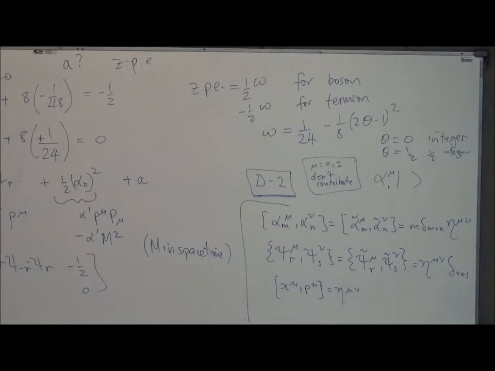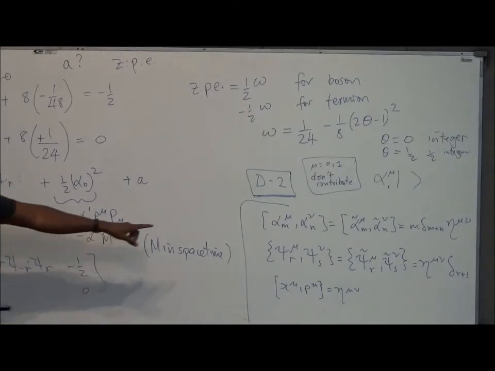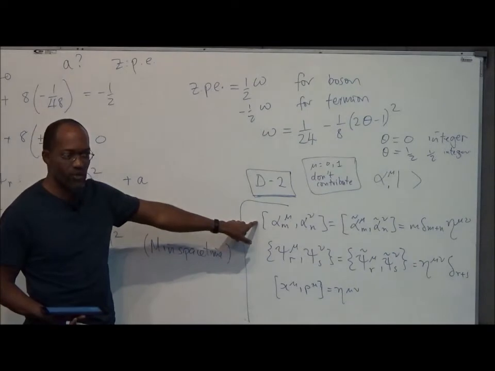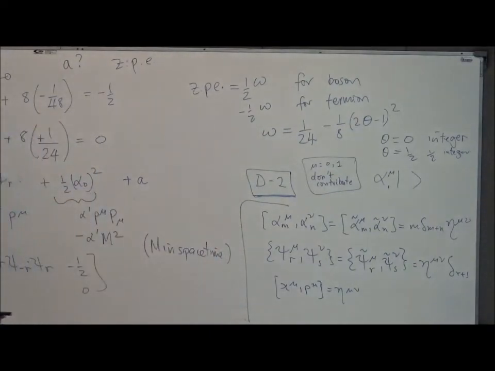Then you created oscillator states, and you measured how many oscillations were in there by acting with the number operator. You needed the harmonic oscillator algebra, which looked a little bit like this, and you had your number operator. All we're doing here is that we have D copies of the same thing. It's no harder.